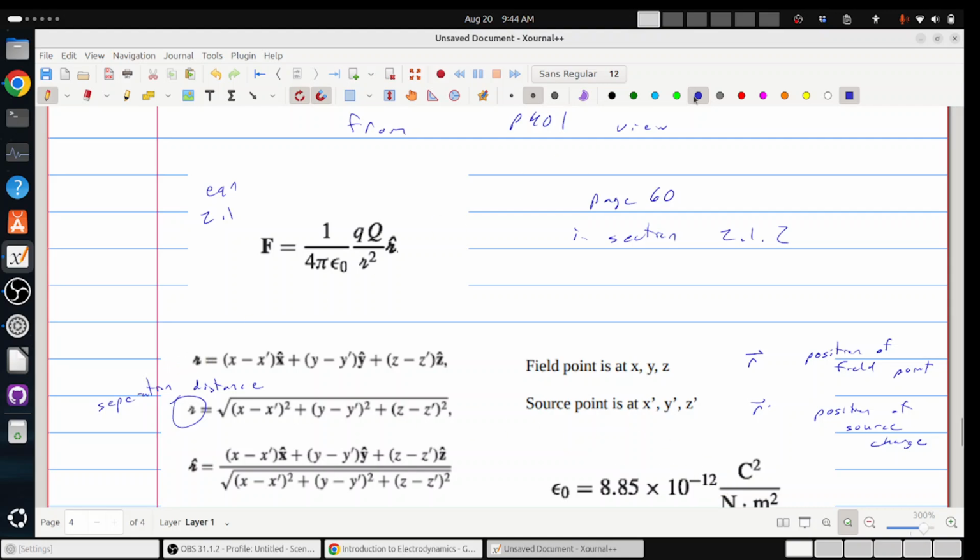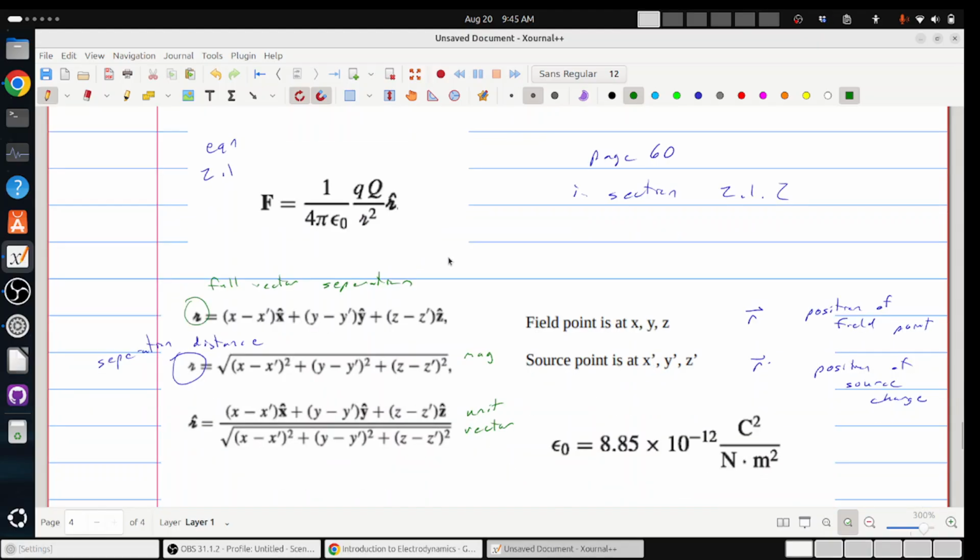And so R as a vector here, when it's in bold, that's the full vector separation. This is the magnitude of the separation, so it's just a distance. And this, with the hat on it, is the direction for that separation vector.